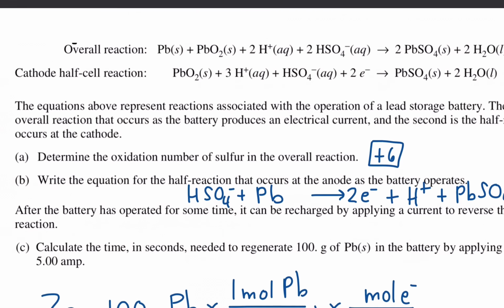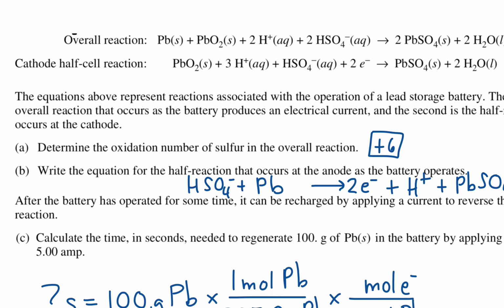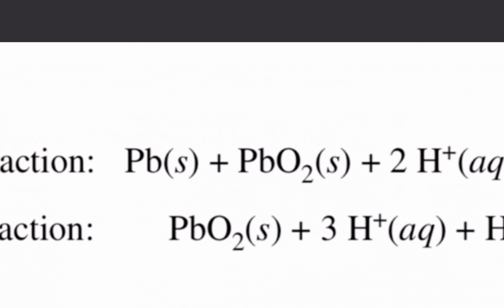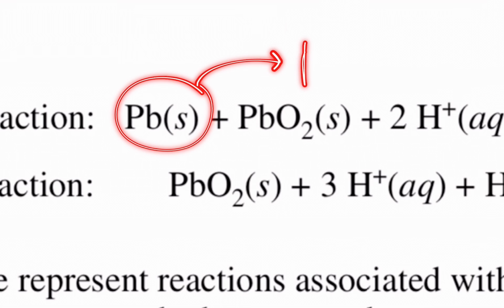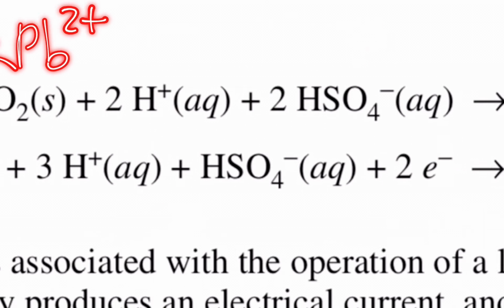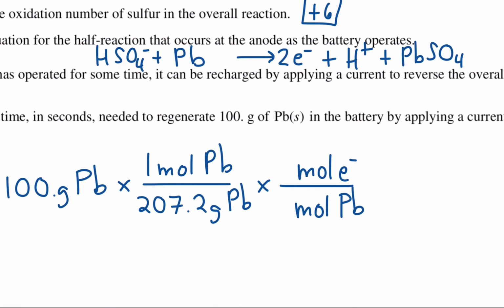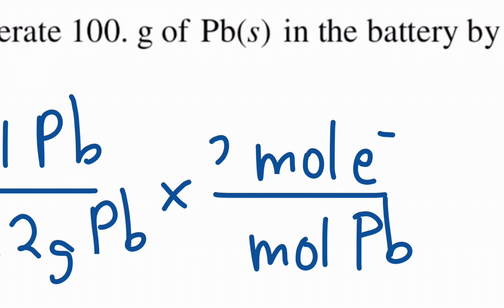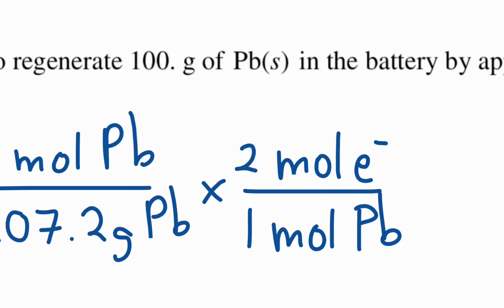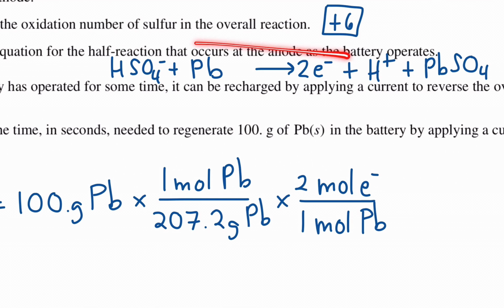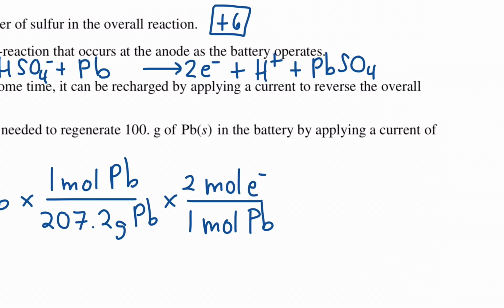I'll look back up at the half reaction and think about what that half reaction is going to be. Each lead is going to become Pb2 plus, or vice versa. Even though it says lead sulfate, the oxidation state of lead is Pb2 plus. So in my head, I can picture there's 2 moles of electrons for every 1 mole of lead. In fact, we have it right there. They made us write it in the half reaction, so that's why they did that.